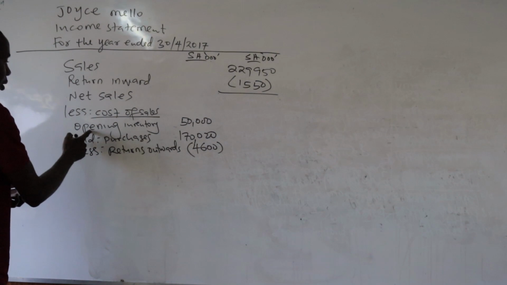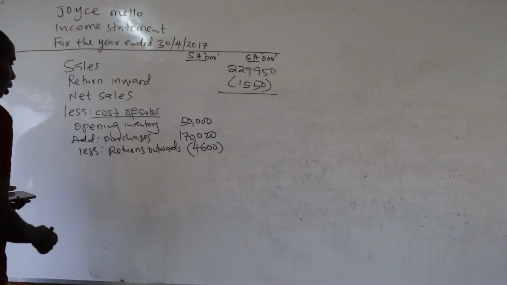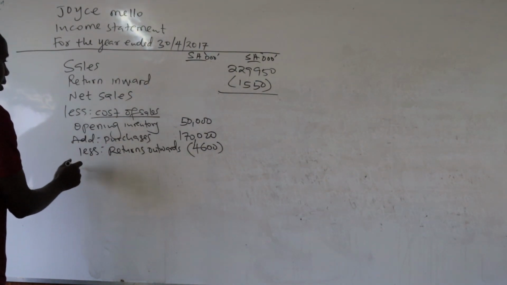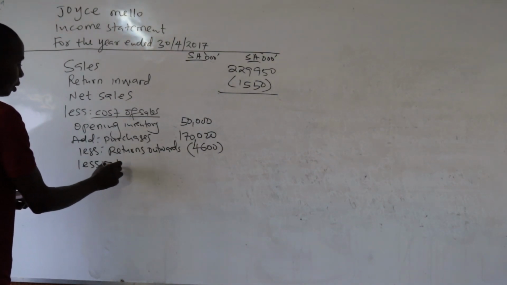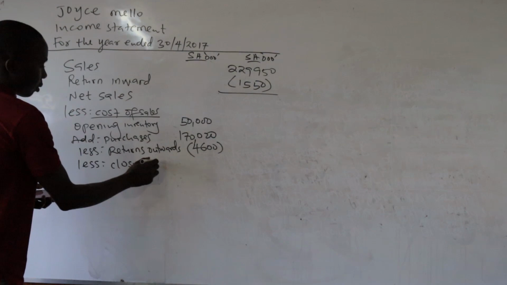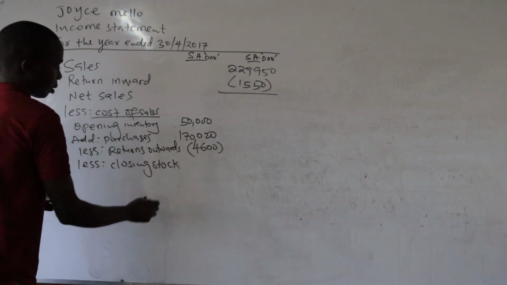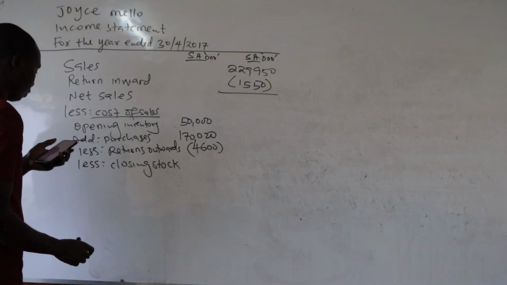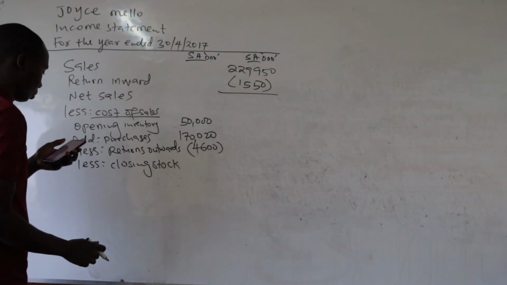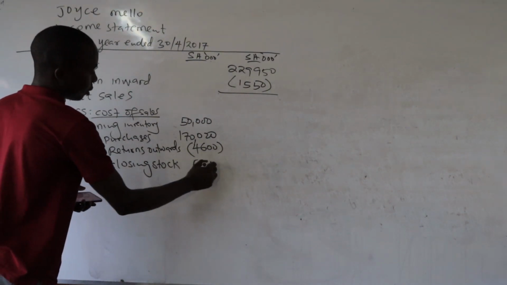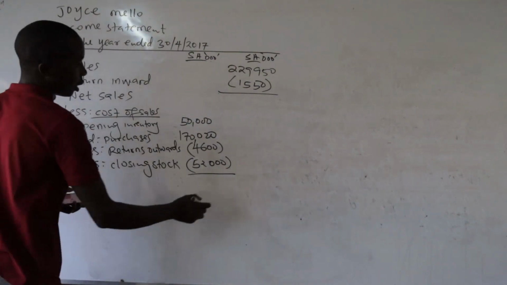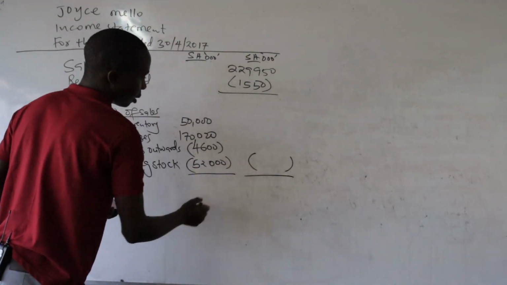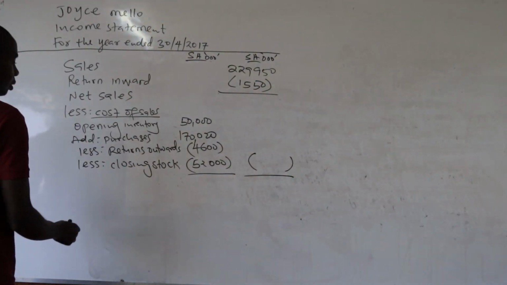So opening stock plus purchases, we raise return outwards. Then we raise the closing inventory, the closing stock. The closing stock was there in additional information number 3, 52,000. The answer we get here is what we subtract from our net sales so that we get the gross profit.